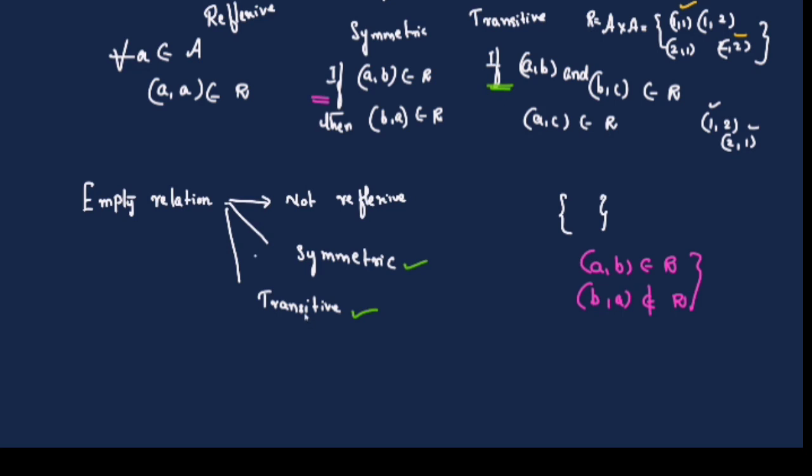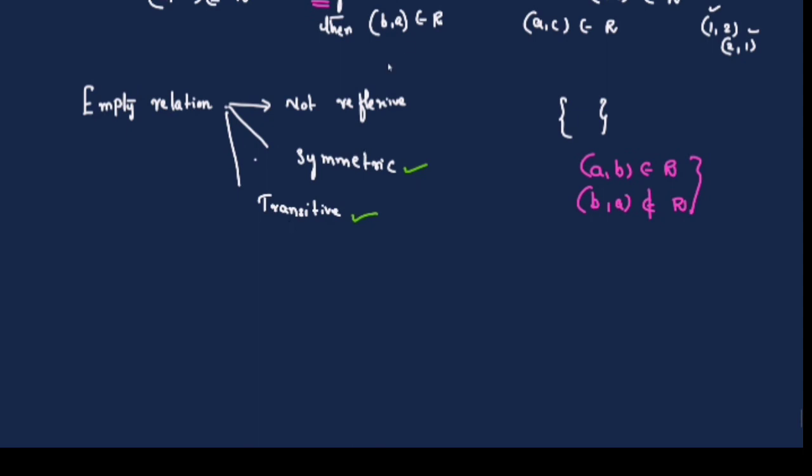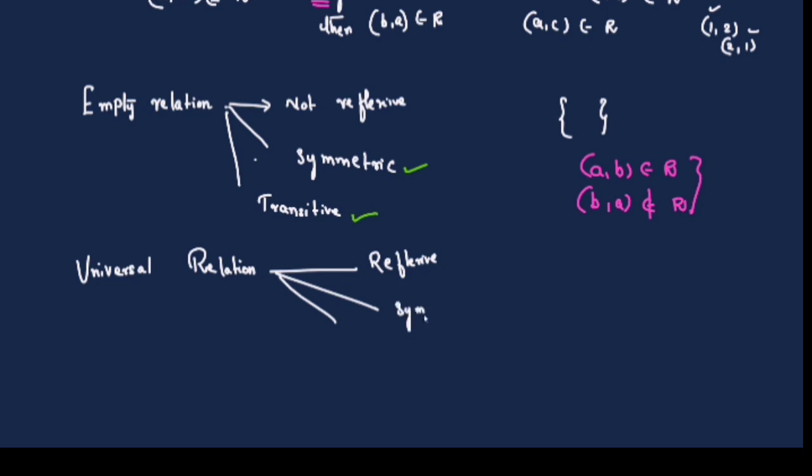What about the universal relation? You know the universal relation, the full set. The universal relation is everything. It is reflexive, it is symmetric, and it is transitive.